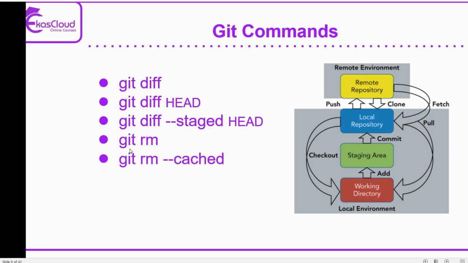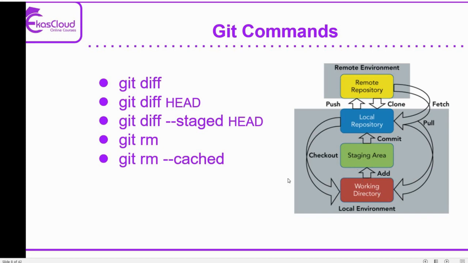And next we can see git rm. This command helps to remove a file. If we use git rm, this command removes the file from these two areas, the working directory and the staging area.